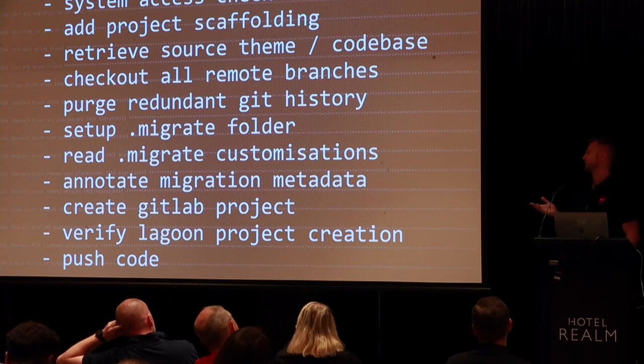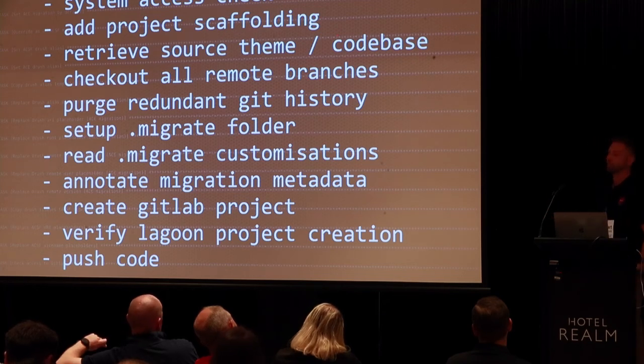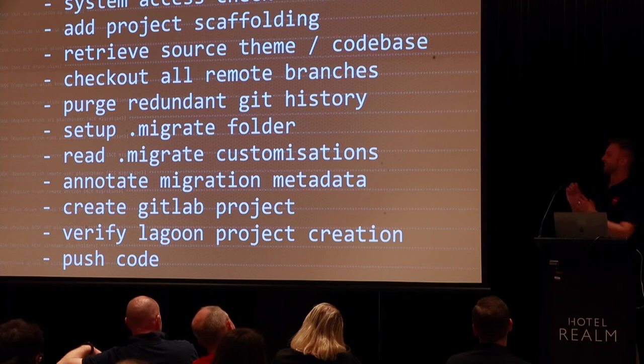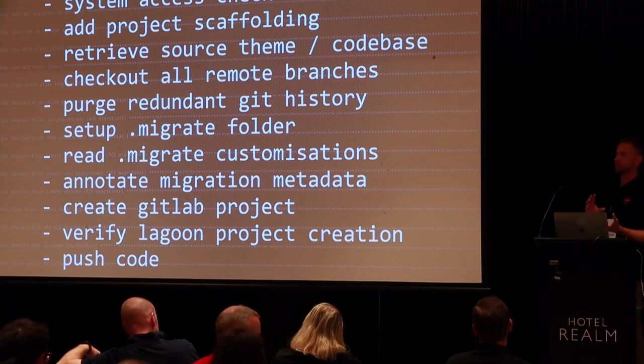Then we create the GitLab project, so we go to the GovCMS GitLab, we create the project, and there's some seriously cool magic that happens here. So the GitLab projects and Lagoon all sync. So you create a project in GitLab, a Lagoon project gets provisioned, and users and permissions kind of flow between the systems. So that happens automatically.